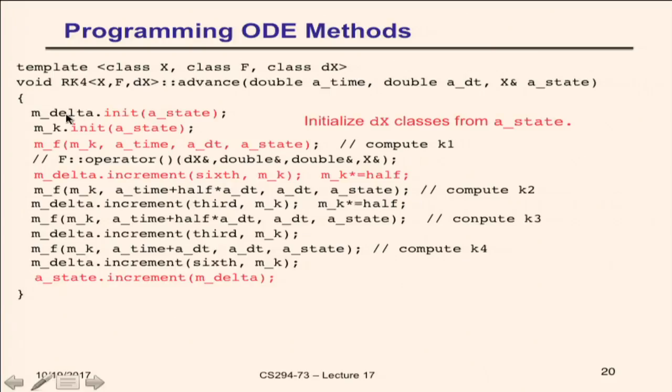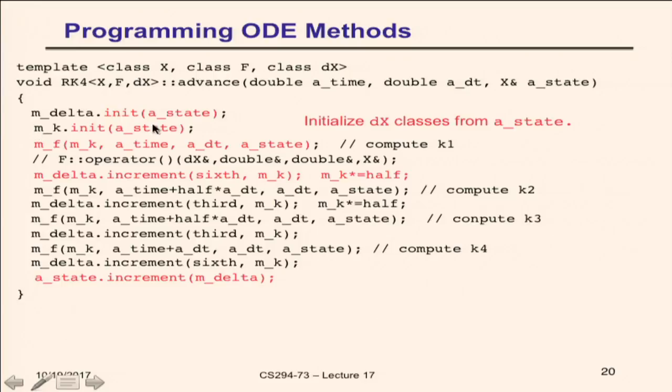For example, we initialize m_delta, which is the total increment of the solution over the entire time step, from A_state. So A_state is going to know, for example, how many particles you have. That's going to set the length of the vector in m_delta. It also initializes m_k, an increment over a stage of Runge-Kutta, and that's initialized to the right size from A_state, from particle set.